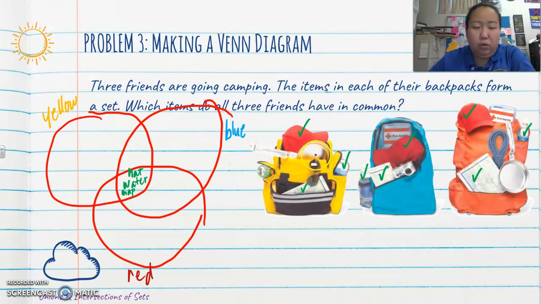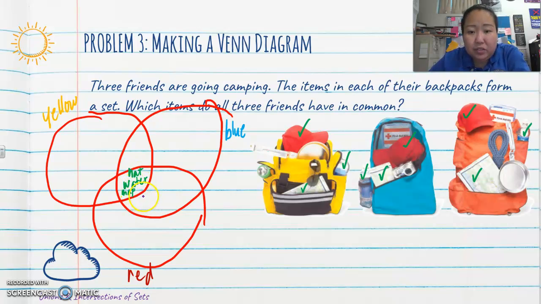Looking at our blue and yellow bag, do we have anything in common? Nothing more. He has a flashlight, none. They do not have anything common anymore, so we do not have anything in this area. Nothing is common except these three items.